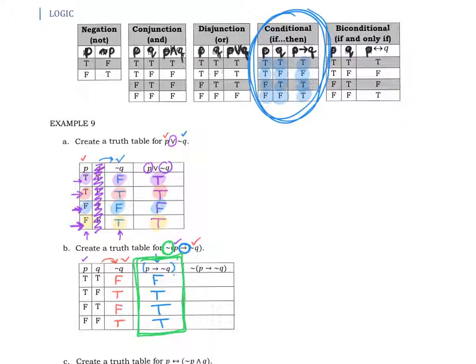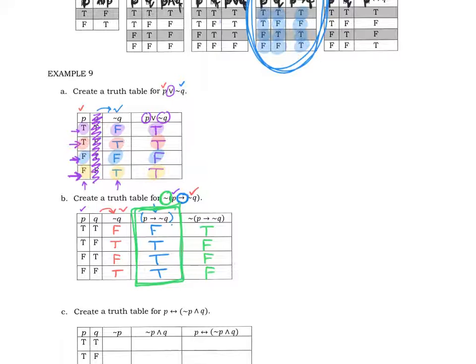So that's the only column we care about right now. We need to negate that column. Remember, a negation changes the truth value to the opposite truth value. So what was false would now be true. What was true would now be false. And you have 3 of those. At that point, your truth table has been completely filled in.